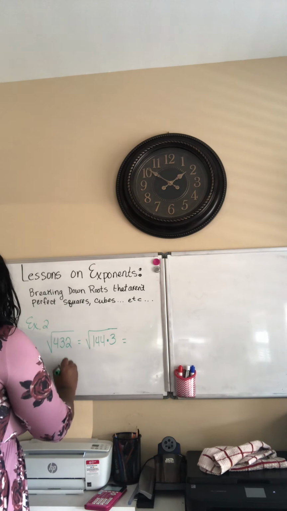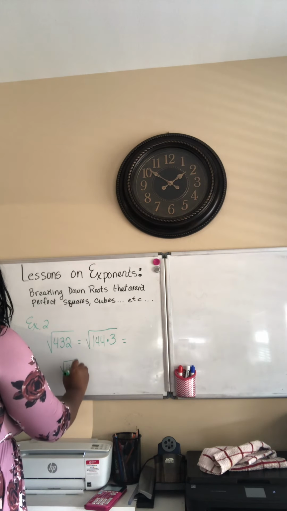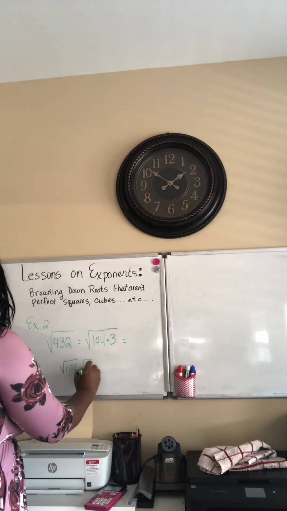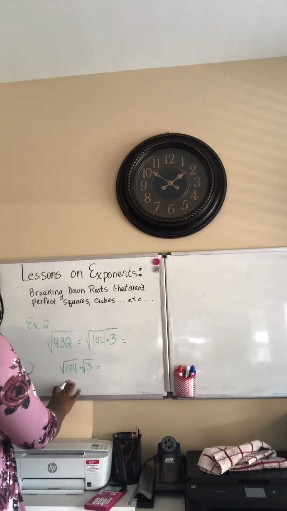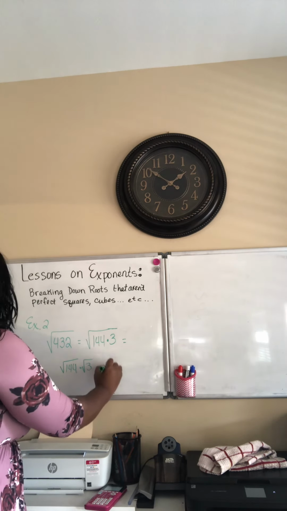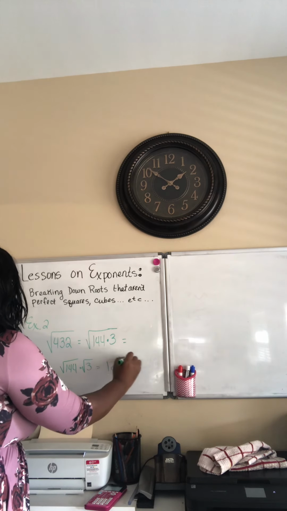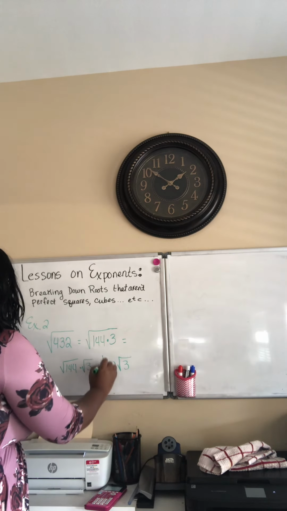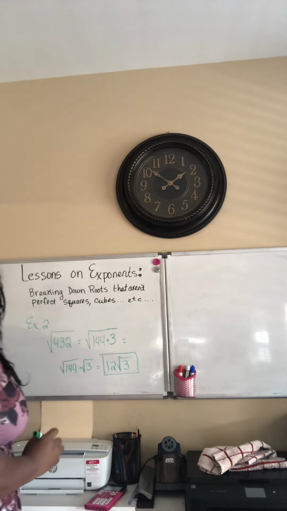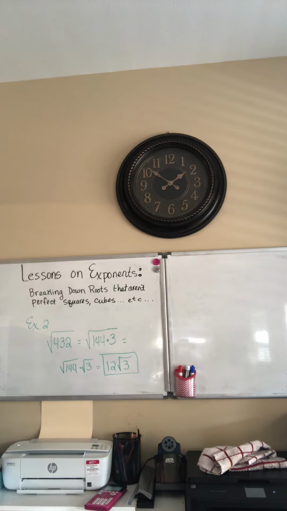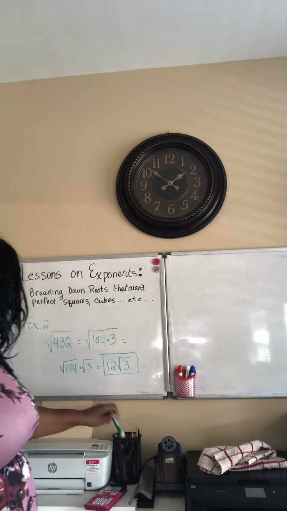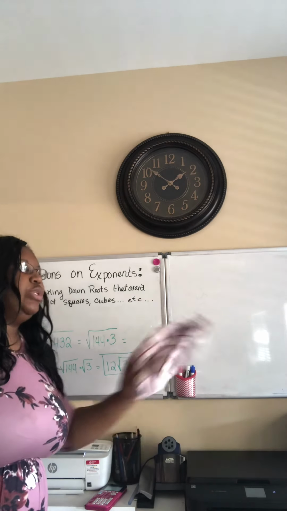So we have the square root of 144 times the square root of 3. Now 3 is a prime number. It's not going to break down any. But the 144 will break down to 12. So I put 12 and I leave this square root of 3 underneath the sign, and then that would be my answer. Okay? So that is how we do that.